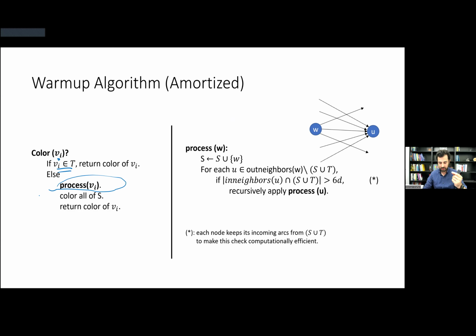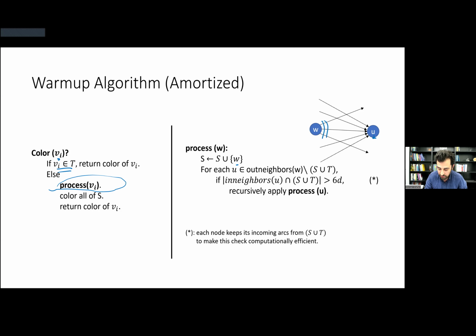Now, what is this recursive process? If it's invoked on a vertex W, I put vertex W in the set to be colored. But then I also need to worry about the invariant among the out neighbors of this vertex. So I go through the out neighbors of that vertex W. For each out neighbor U, I check if the out neighbor is not one of those that is in the set S or the set already colored, then I might be creating a violation of the invariant.